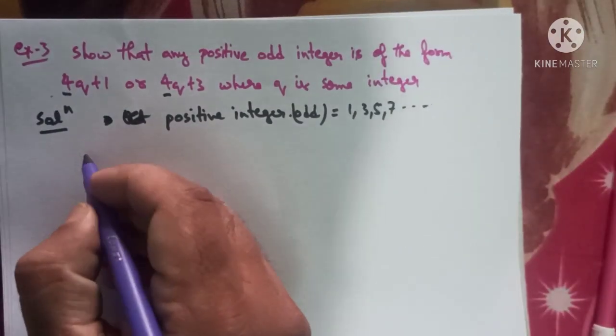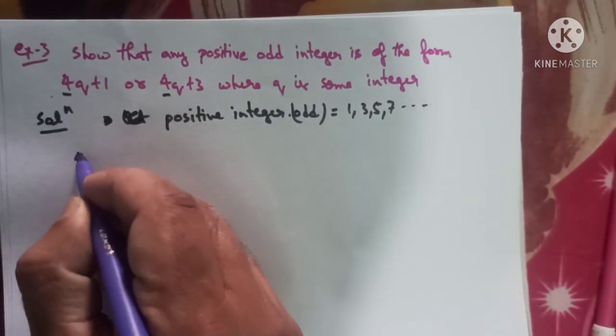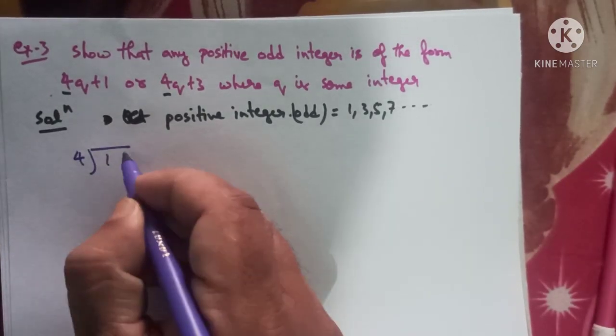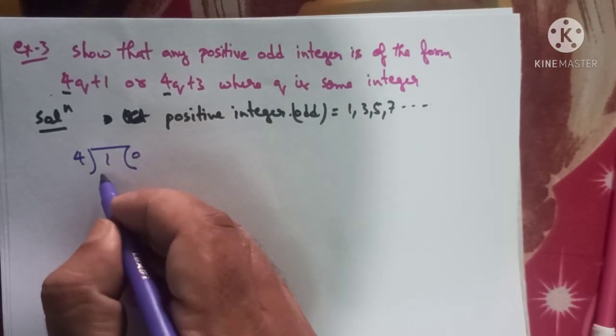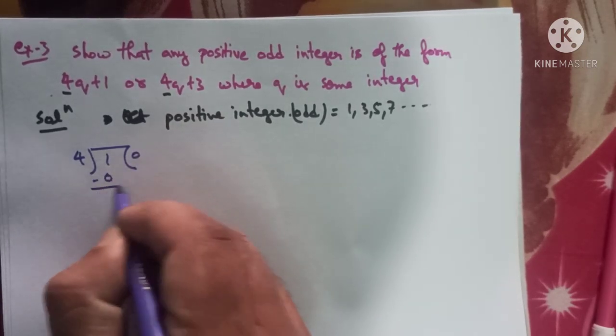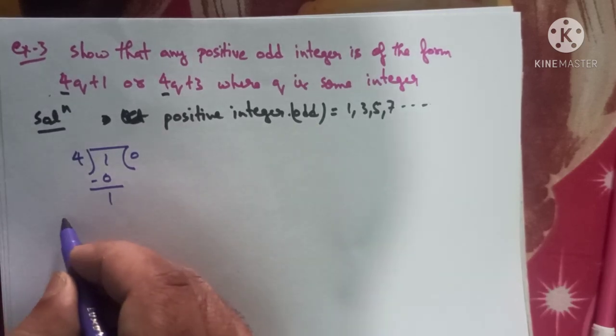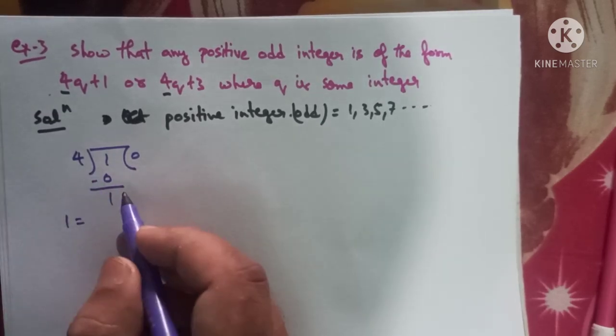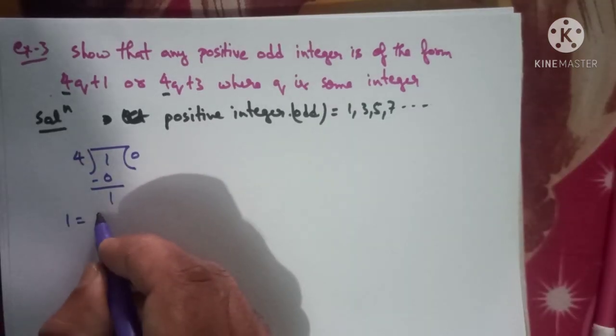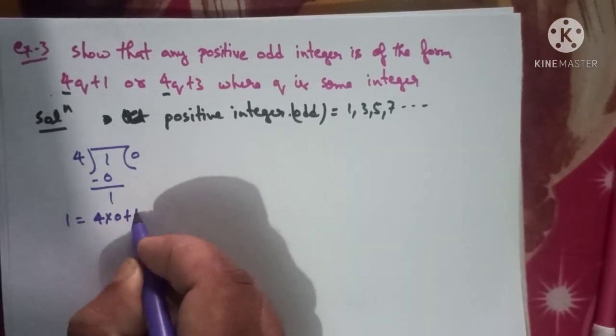We can see by dividing by 4. Divisor we have to take 4. Dividing 1 by 4, 4 zeros are 0, remainder is 1. So dividend 1 is equal to divisor, that is 4 times quotient plus remainder.